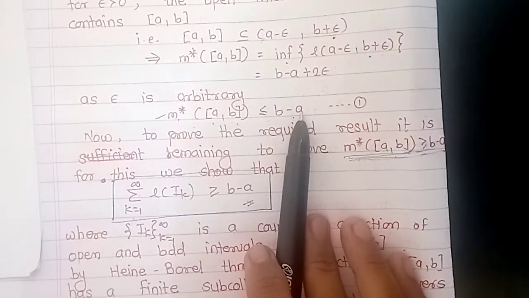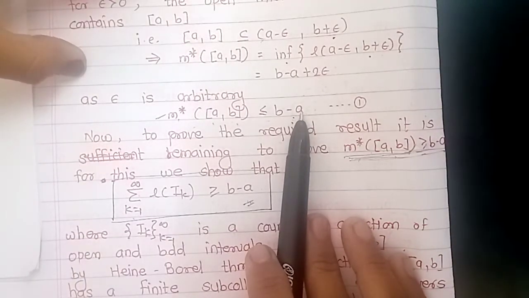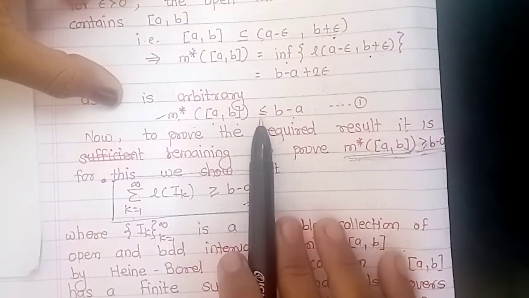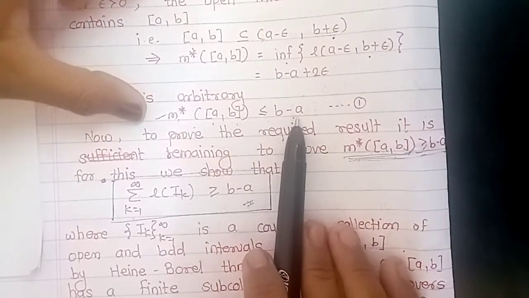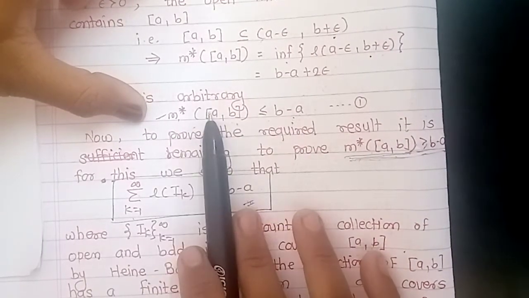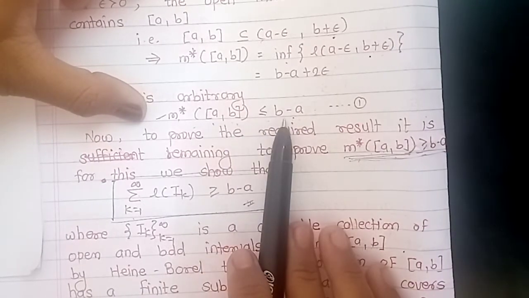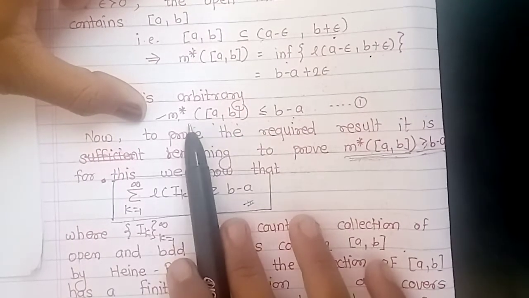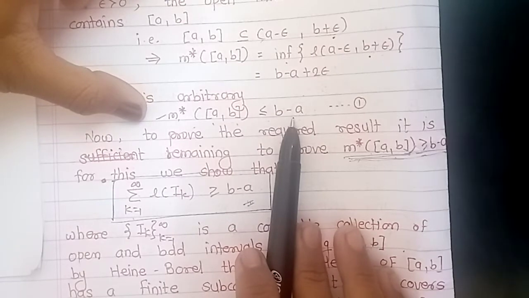Now according to my claim, if I show the outer measure of [a, b] is greater than or equal to b minus a, then it is proven, and thus we get the outer measure of [a, b] is equal to b minus a.